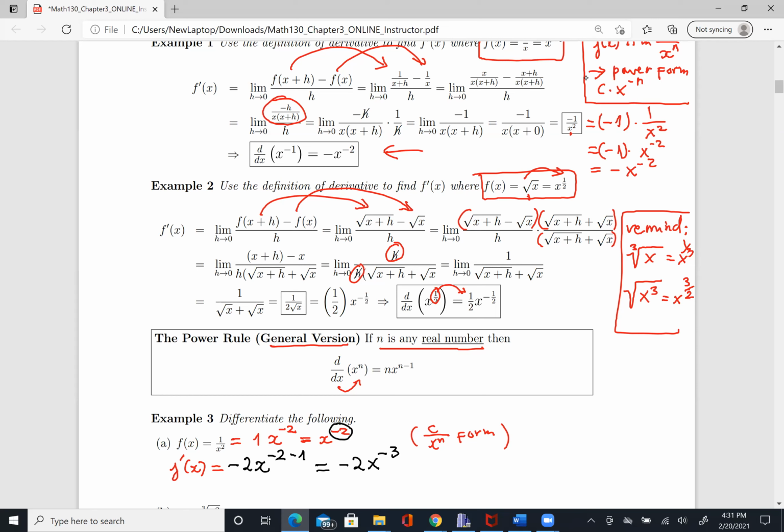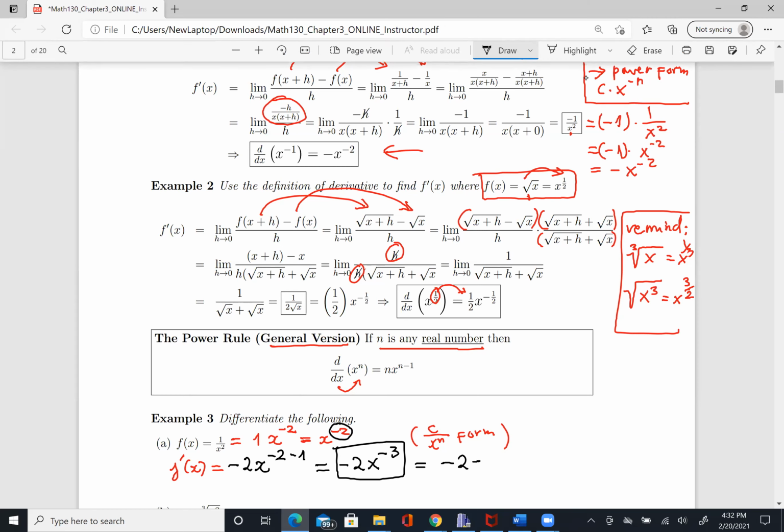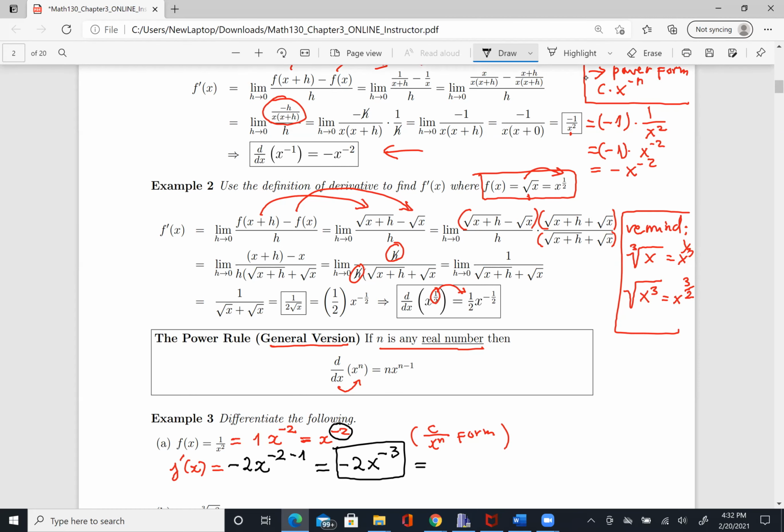Okay, and I actually can accept this answer, but if you would like to convert it to fraction form or rational form, you can rewrite it as -2 over x power 3, right?